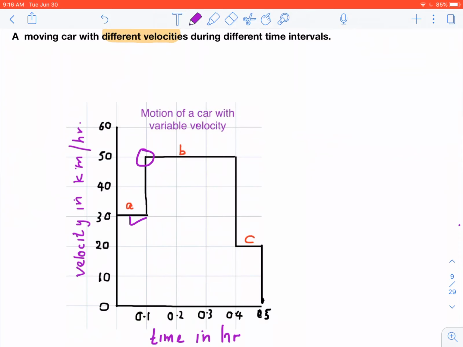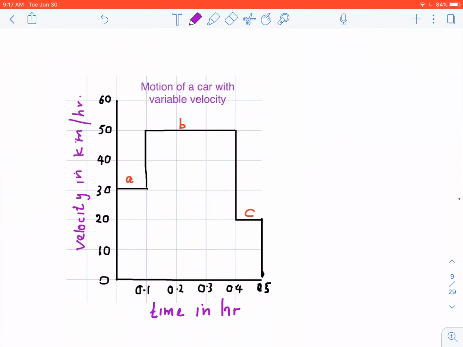Now we know that the car cannot change its velocity that quickly, but cars these days can accelerate within a short interval. For simplification I have just drawn it as a straight line, so it makes our calculations easier.